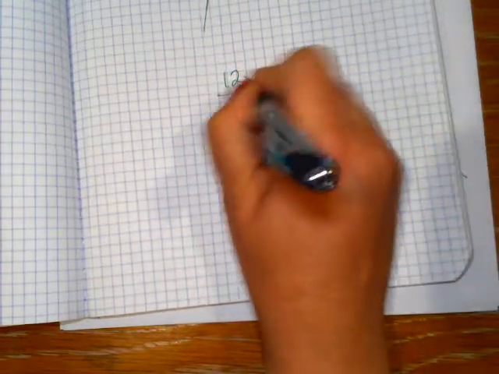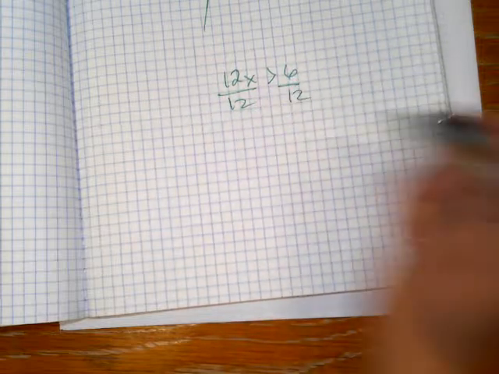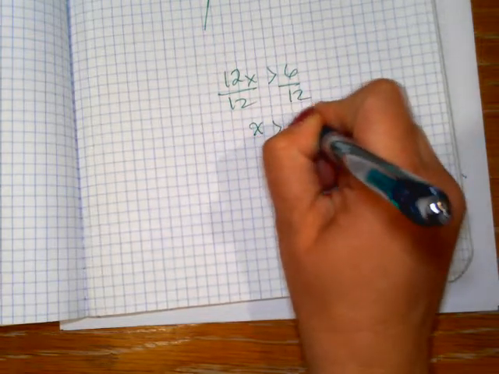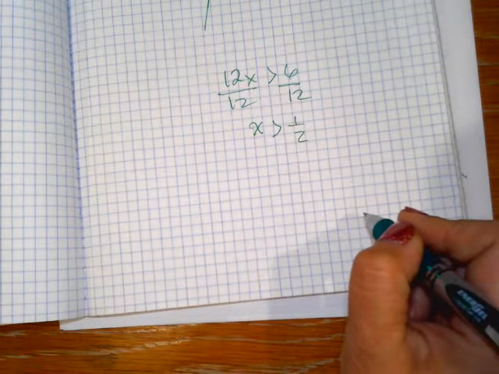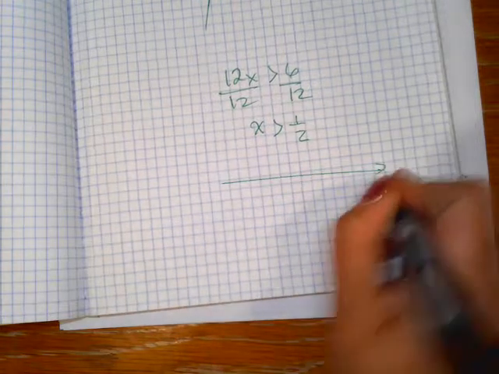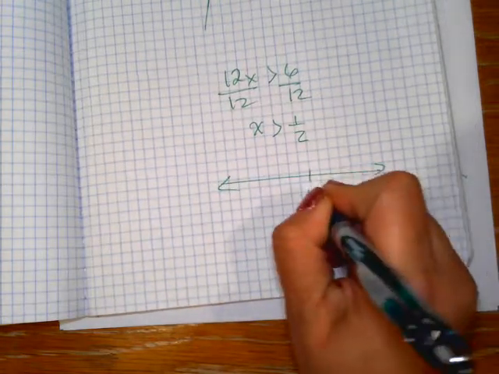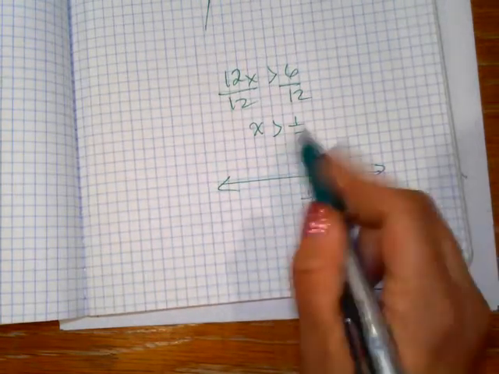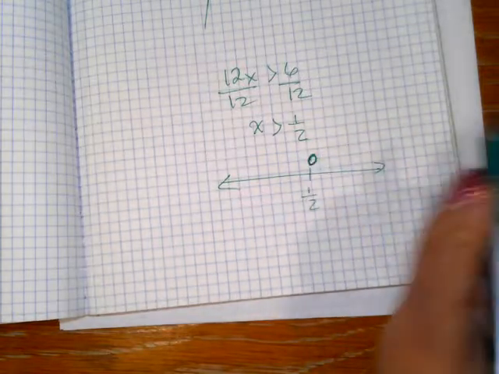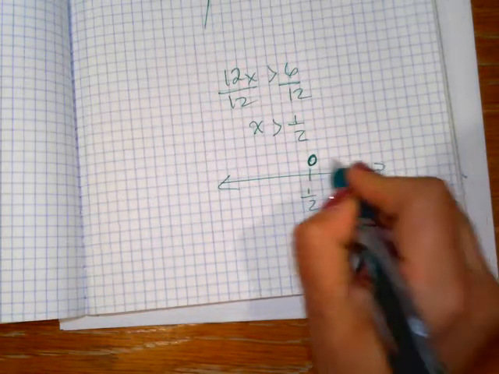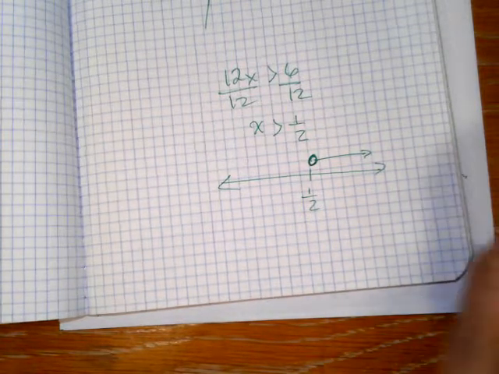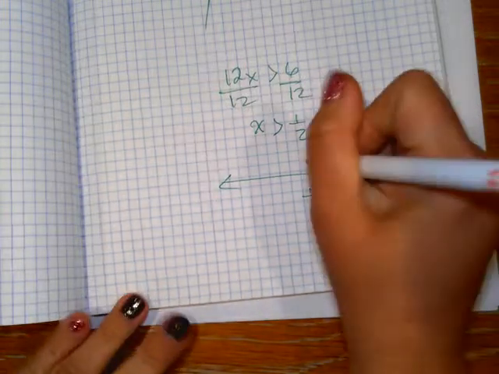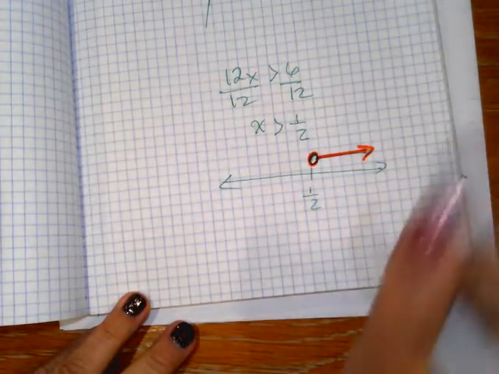Okay, I'm going to divide by 12, and I'm going to get x is greater than 1/2. If you have to draw your own graph, I would just put in 1/2. x is greater than 1/2. Open circle on 1/2. Go to the right. So my answer, graphically, would look like this.